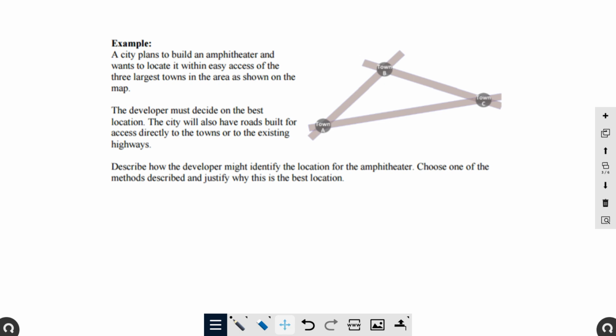So incenter, circumcenter, orthocenter, centroid. All right. Talk in your group real quick about why you think that one's the best. Find a buddy and talk to a buddy. Y'all two talk with each other, a group of 3.